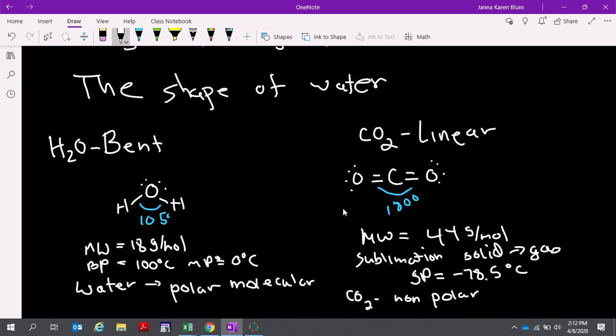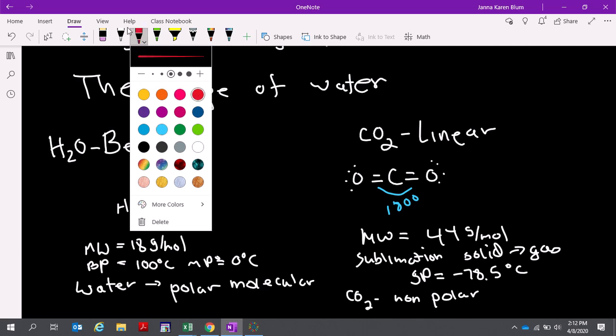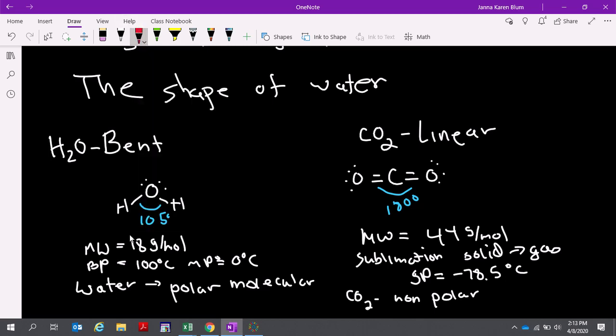And a lot of this has to do with the different shapes. So the fact that water is bent gives water this property of polarity. And so what is polarity? Polarity is separation of charge. If we remember that oxygen sits way over on the right side of the periodic table, which actually makes oxygen very electronegative.